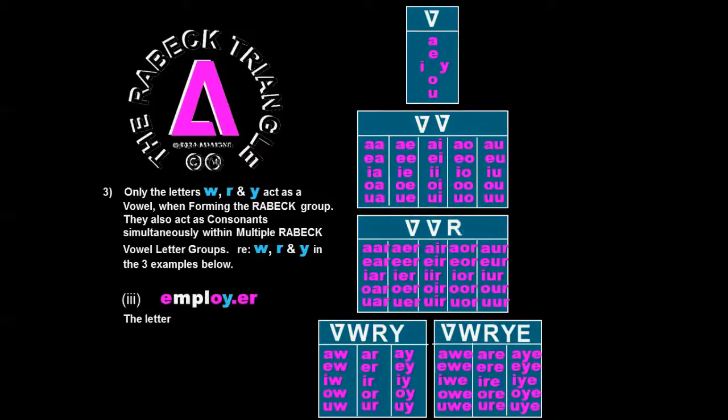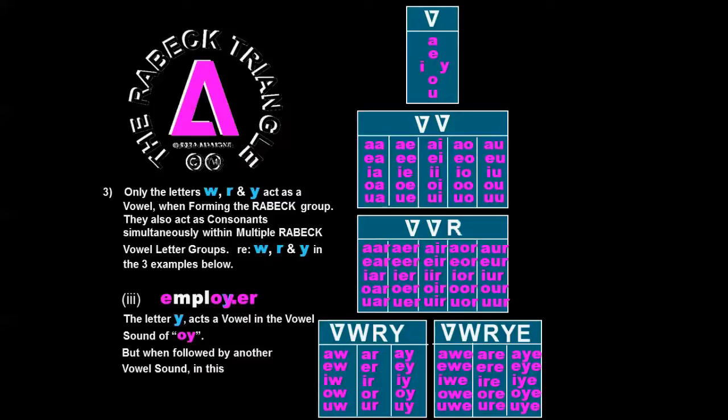Employer. The letter Y acts as a vowel in the vowel sound of oi. Oi. But when followed by another vowel sound, in this case, the letter Y becomes a consonant immediately after. Employer.